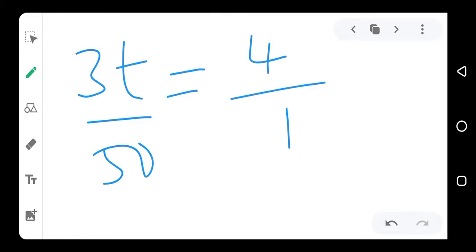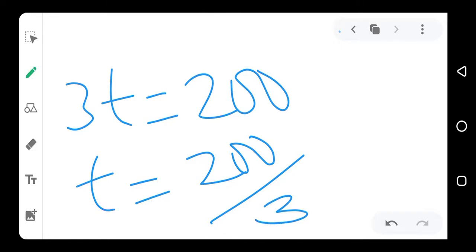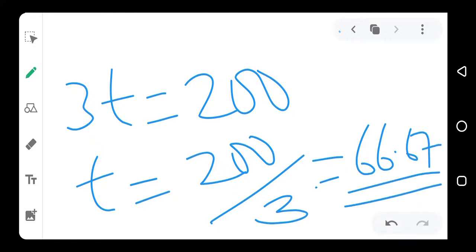Yes, 3T is equal to this times this, so we have that T is equal to 200 over 3, which will give us 66.67.